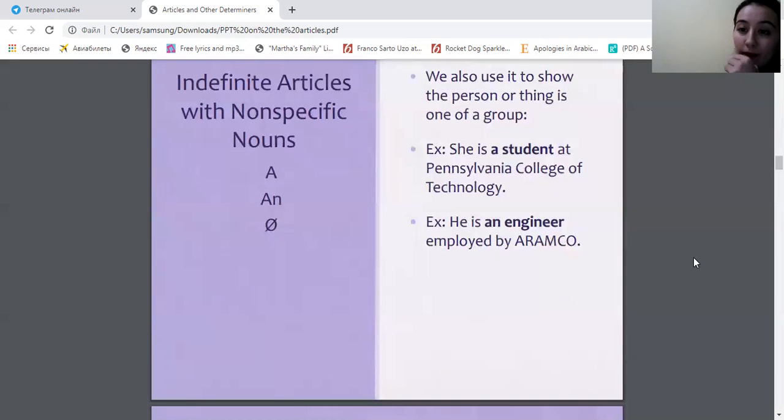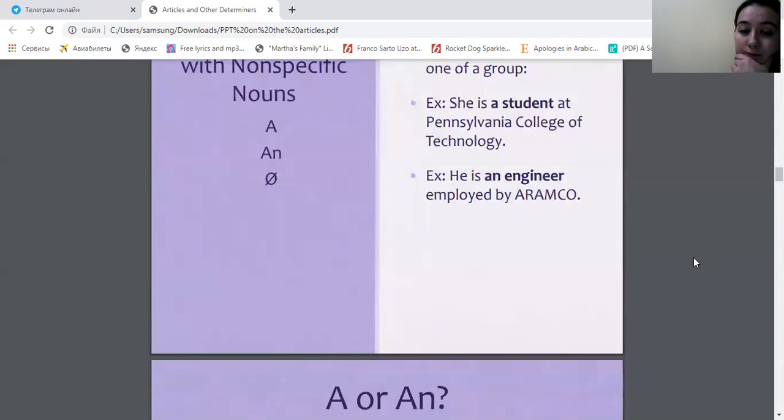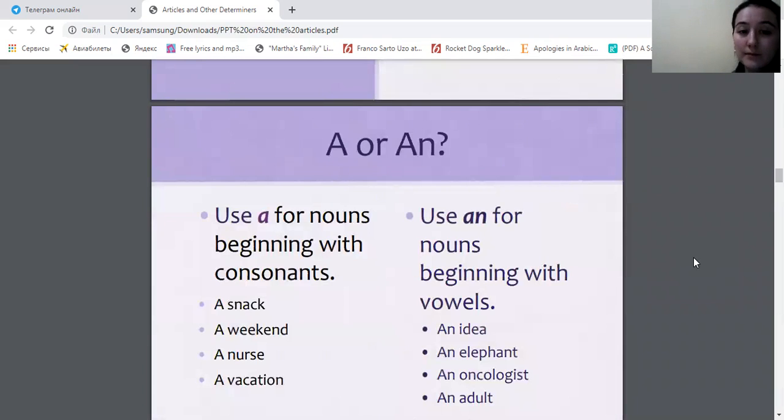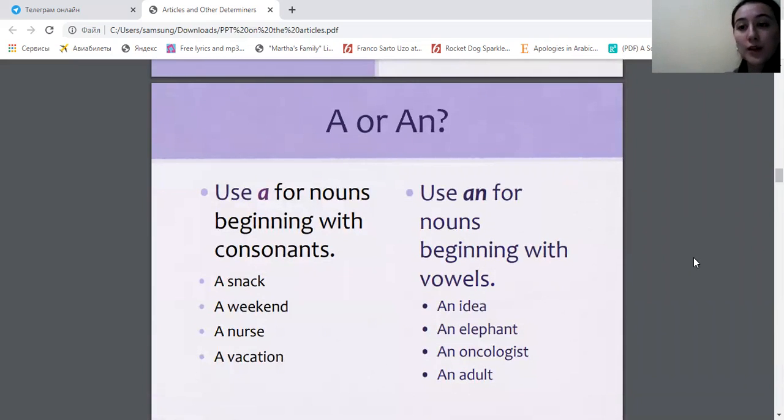So next slide. A or an. In which cases can we put a, and in which cases can we put an? Yes. So a is used if the word starts with a consonant, and we use an if the word begins with a vowel.